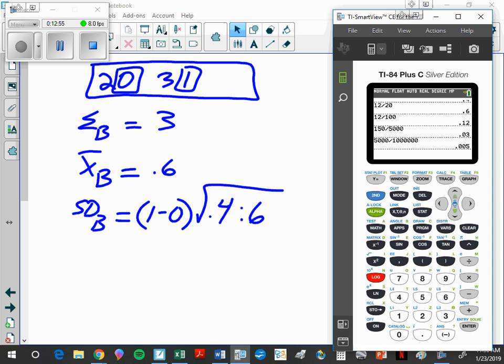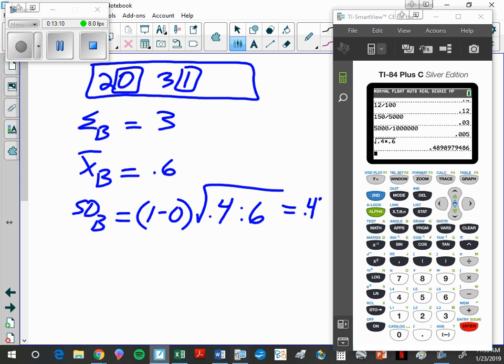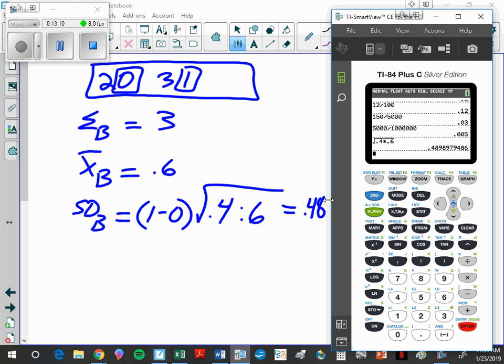So the square root of 0.4 times 0.6. And notice it's really close to 1/2, 0.489.